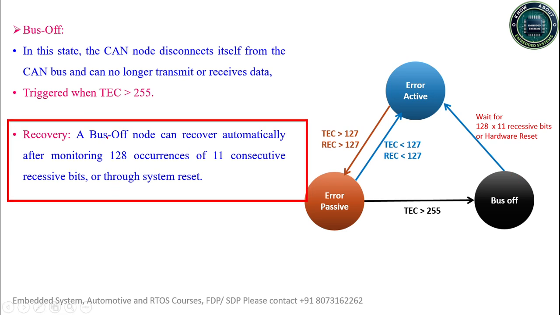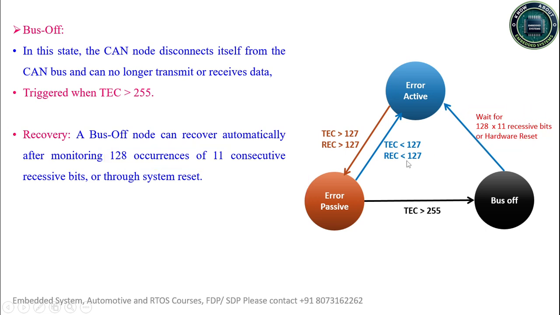The bus off node can recover automatically after monitoring 128 occurrences of 11 consecutive recessive bits. As I have written here, 128 occurrences of 11 recessive bits.